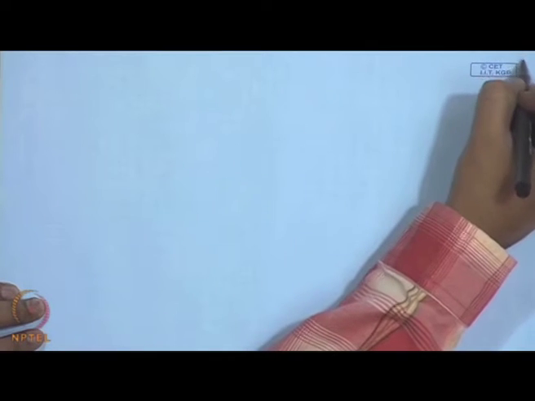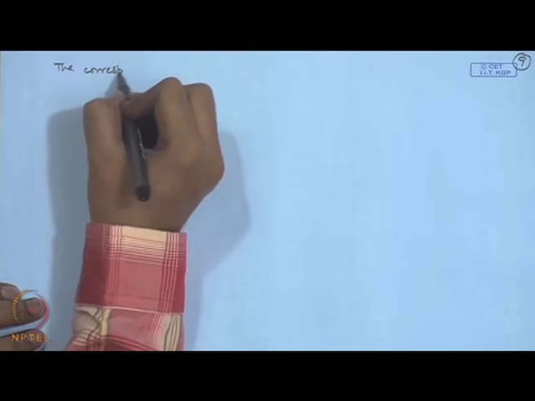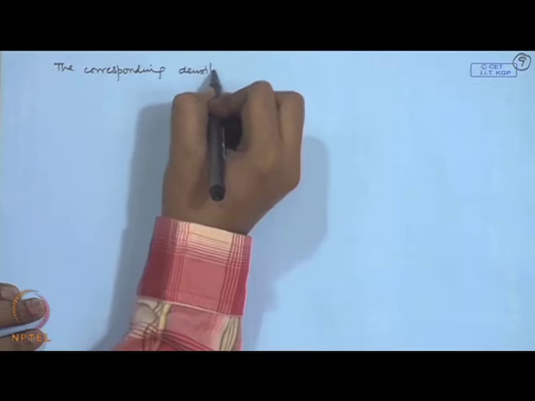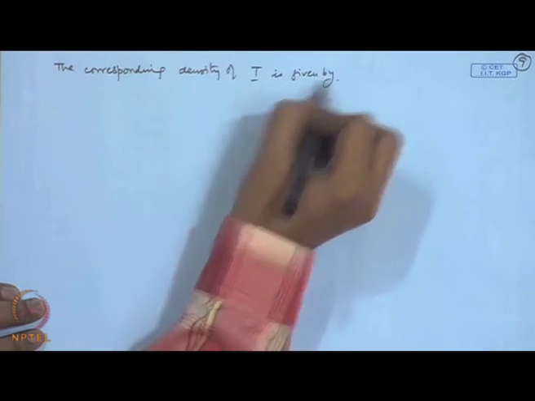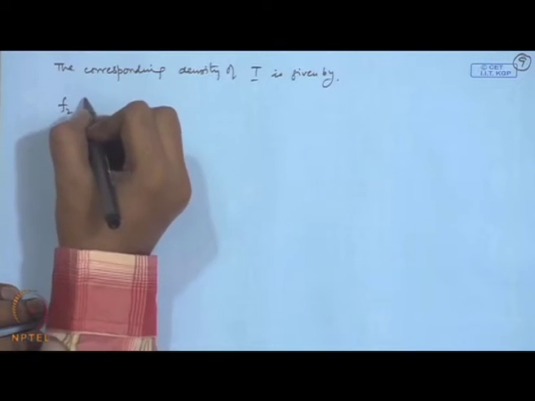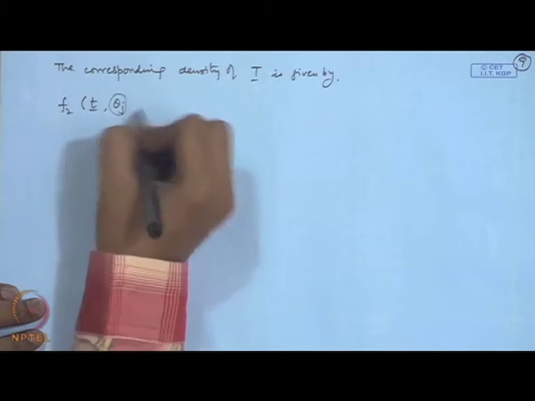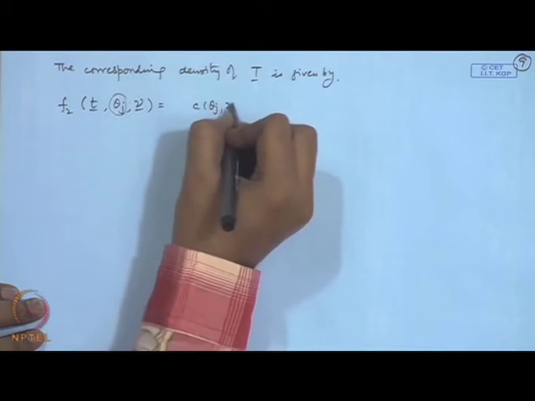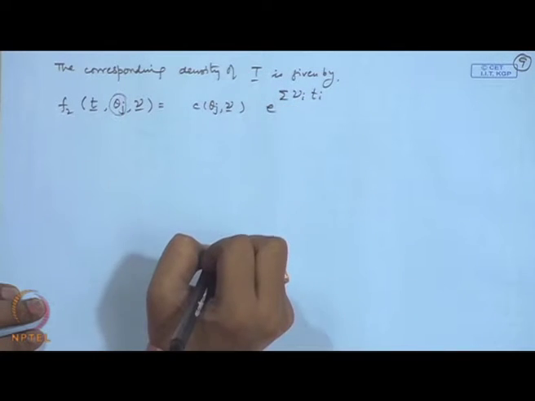The corresponding density of T is given by, so we can use some notation, say F 2 for the distribution of T, and of course, theta j will be coming, it is fixed here, nu, that is equal to C theta j nu e to the power sigma nu_i T_i.